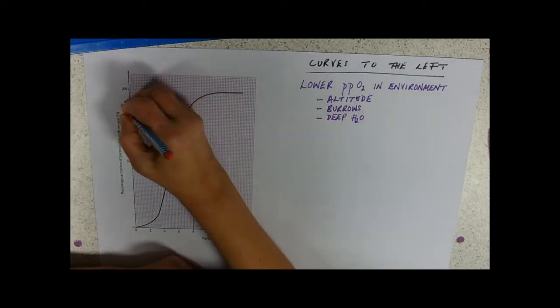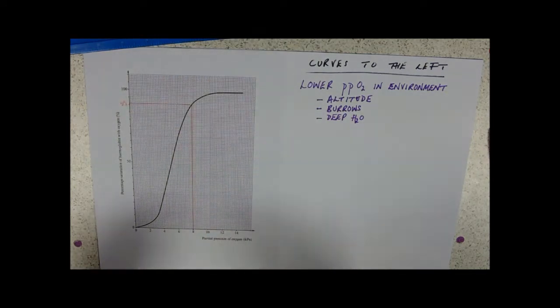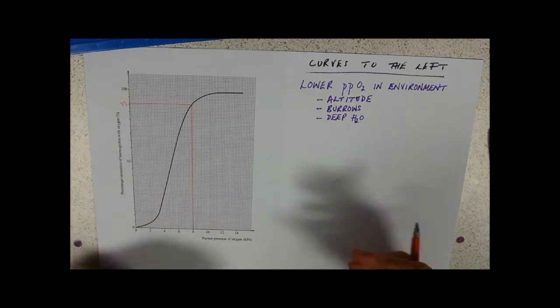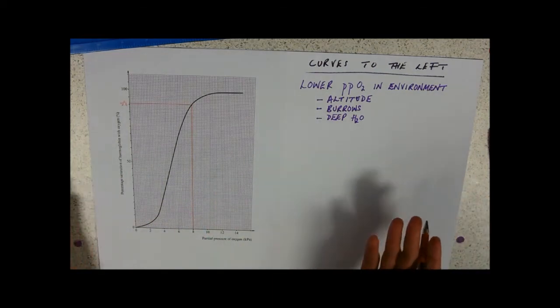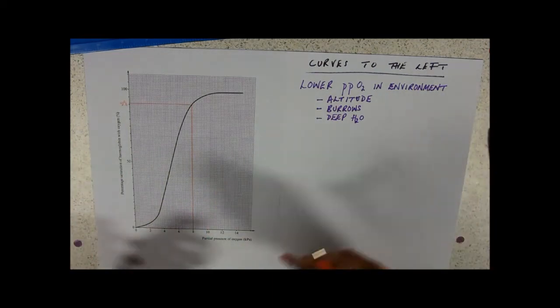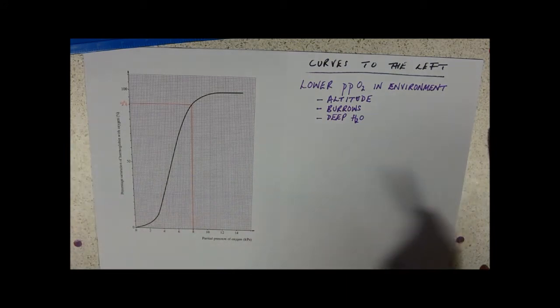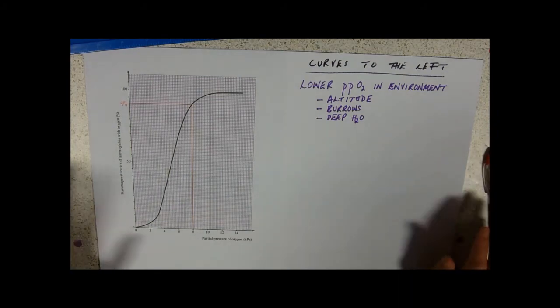In fact, this line only goes to 91%. And that means that you couldn't carry enough oxygen round to your respiring tissues. So, instead of taking all the oxygen you can, you've got 10% less than normal going to your tissues.